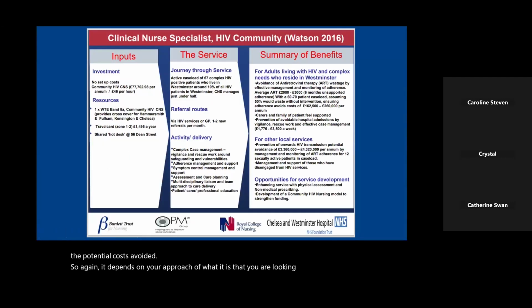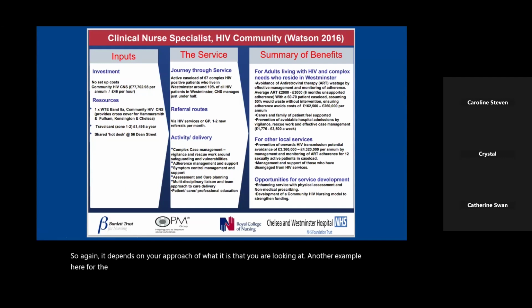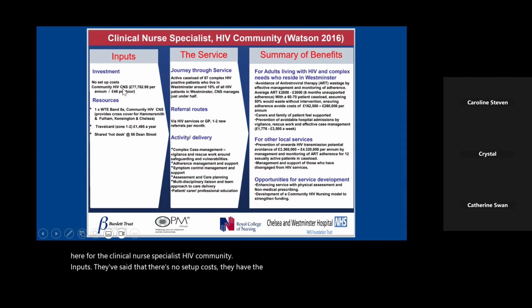Another example here for the clinical nurse specialist HIV community inputs. They've said that there are no setup costs. They have the community HIV clinical nurse specialist and they've given the costs for that. The resources they need are one whole-time Band 8, a travel card, and some indirect and shared hot desk at the specific place in which they work.